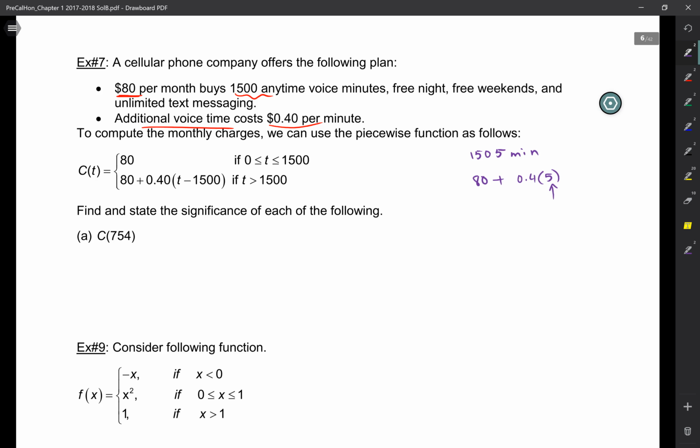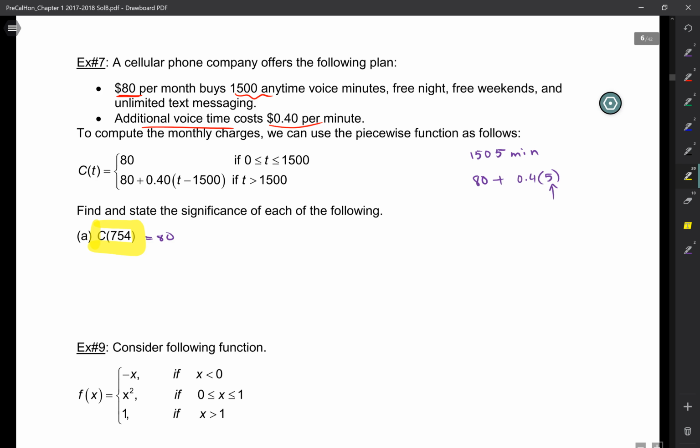I mean, that you could have done in Algebra 1. But now, find and state the significance of the following. So if you want C of 754, how much would that be? $80. Now, what does this stand for?